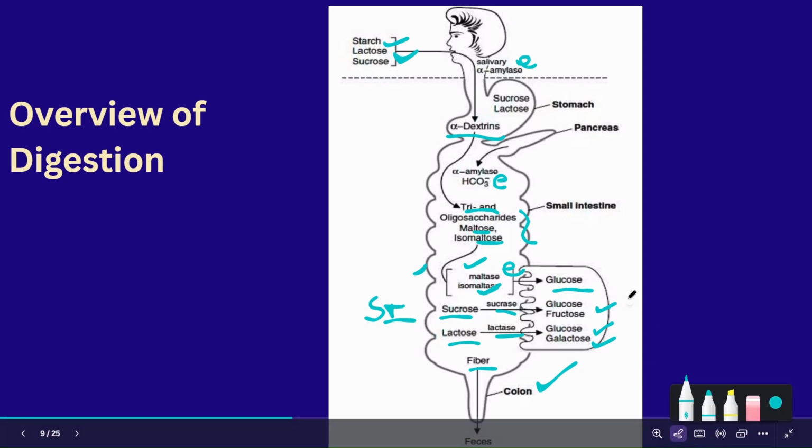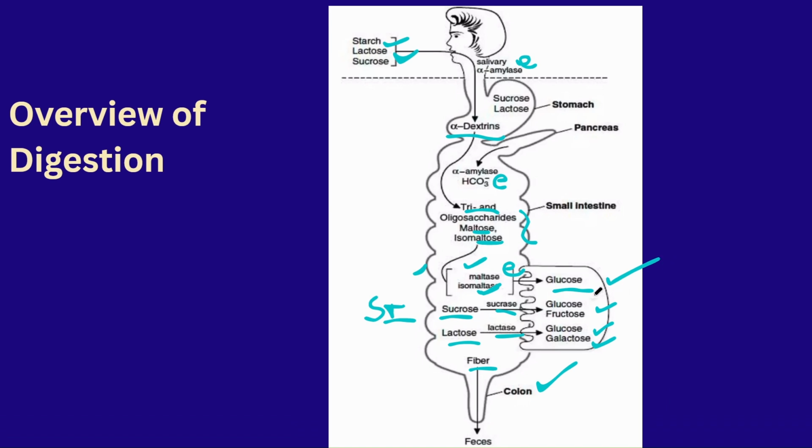So the final end products are glucose and fructose. These will enter into the blood, and the blood takes the glucose towards the liver. In the liver, the glucose is metabolized. So this is the entire summary of the digestion of carbohydrates.